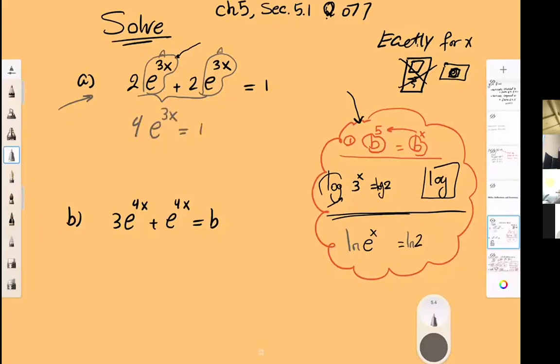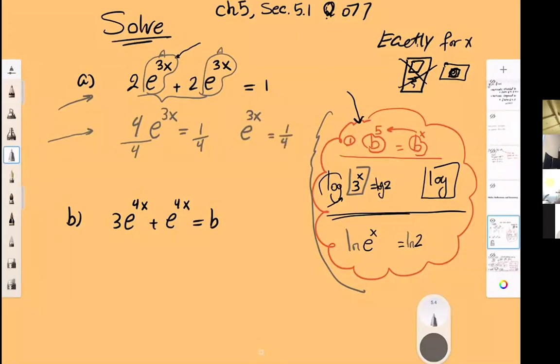If you see those examples I made, the exponent is on one side and all the numbers on the other side. So before you take a log or natural log of this, you need to get rid of the 4. So I'm going to divide by 4 on both sides. Then I have e^(3x) equals 1 over 4.